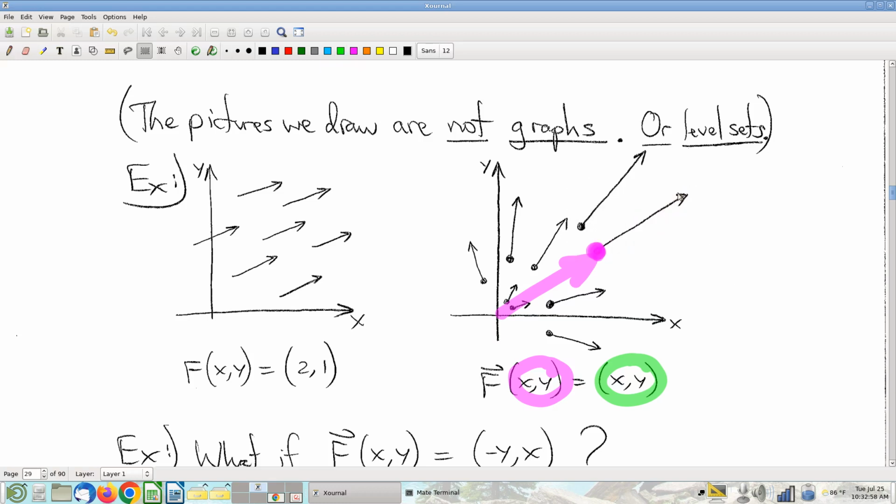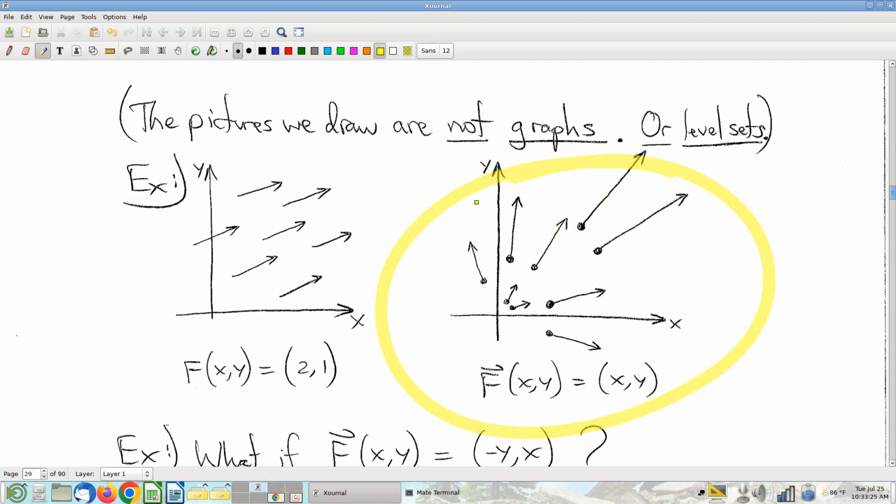I was going to be all cool and high-techy there, but it didn't work out. The field vector is exactly the same as the position vector at the point. Is that cool? All right. So what you get from this is that the field vectors always point radially outward with magnitude equal to the distance from the origin, and so you get a picture that looks kind of like this here.